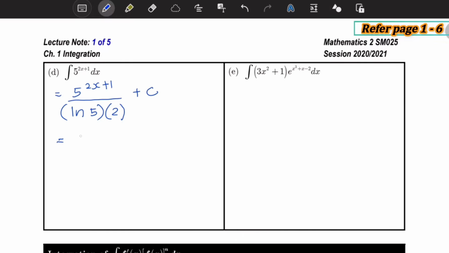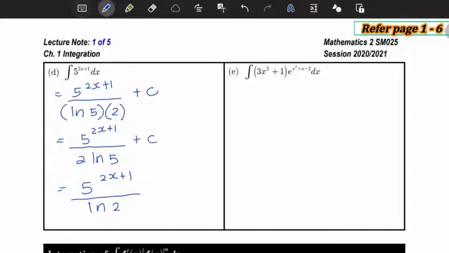Or we can write 5 power of 2x plus 1 divide by 2 ln 5 plus c, or 5 power of 2x plus 1 over ln 25 plus c.